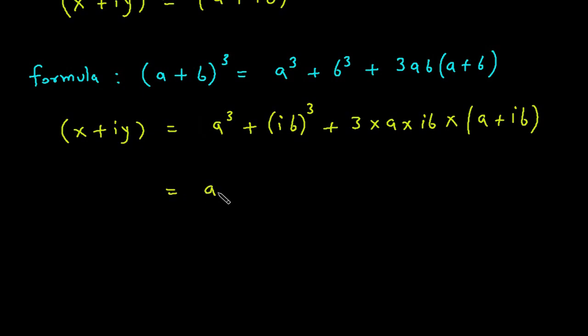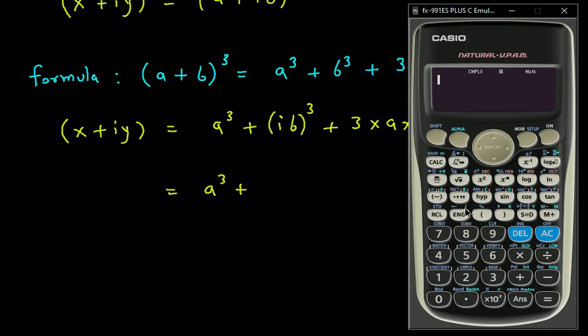So this will be a³, then plus, now we know that i² is −1. So i³ will be −1 into i, or we can directly substitute here, i³ is again −i.